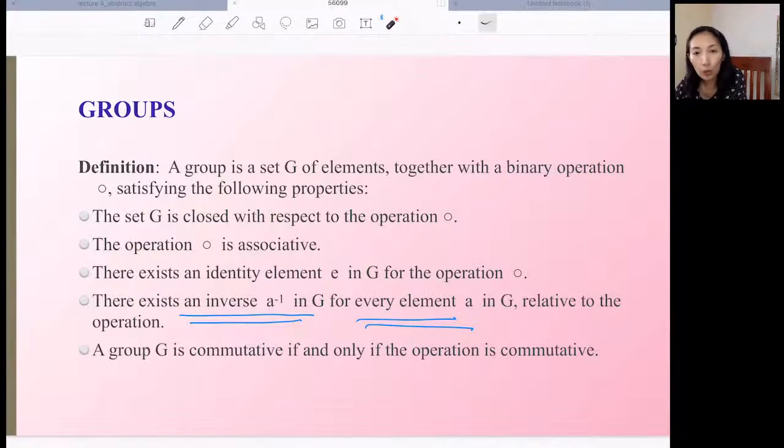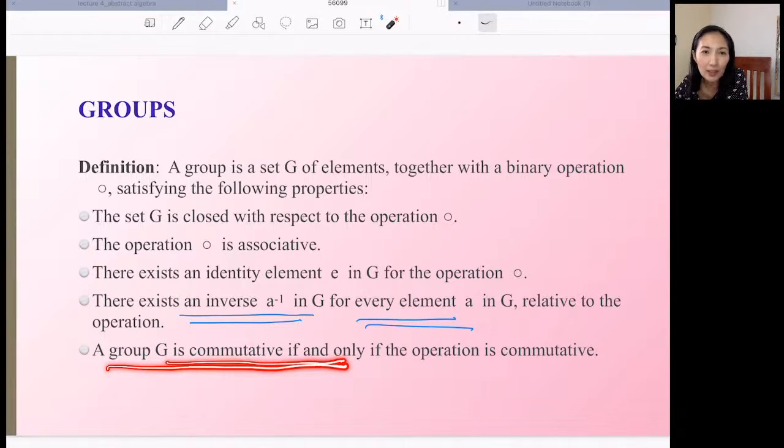Now, an additional property. Is it a commutative group? Is Z sub m a commutative group under addition? You know very well that addition of the set of real numbers is commutative. 2 plus 3, 3 plus 2 does not matter.